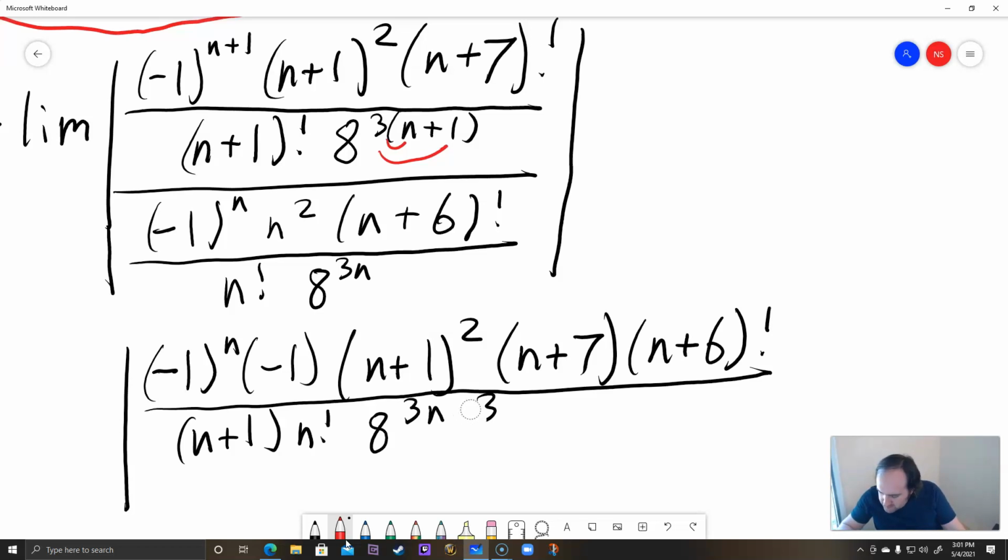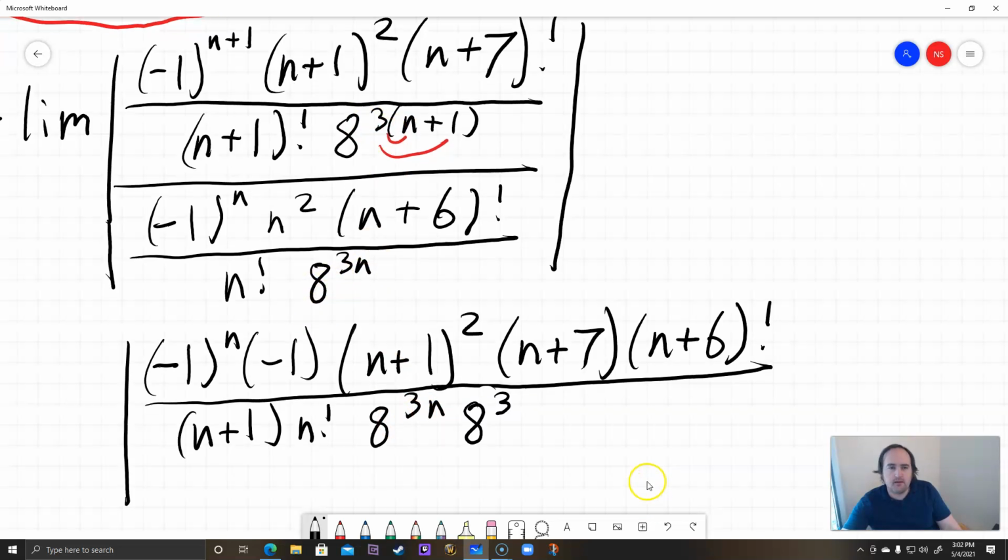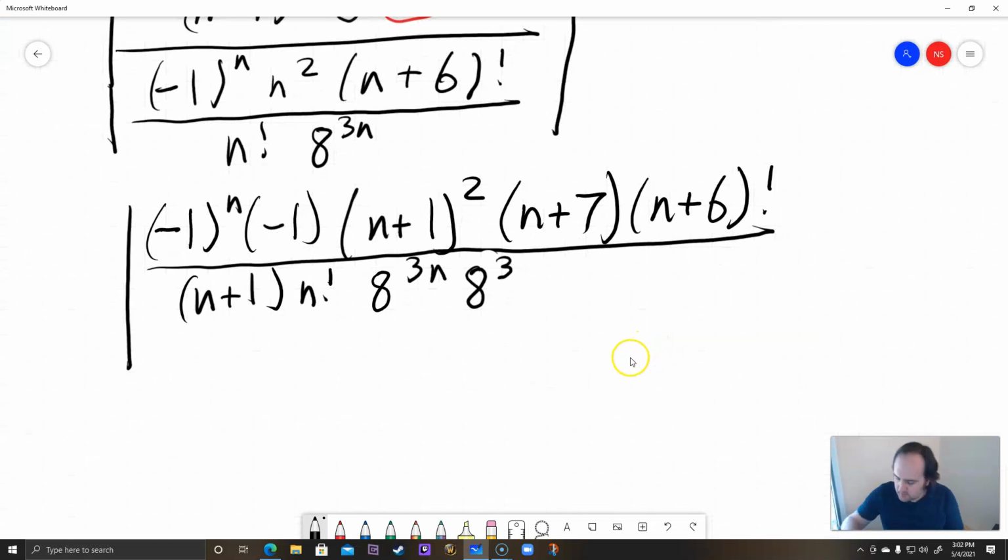So I'm going to rewrite this as 8 to the 3n times 8 to the third. Because remember, if you're multiplying exponentials with the same base, you add the exponents. So that actually gives you 8 to the 3n plus 3. But now I'm going to be able to cross out the 8 to the 3n on the top and the 8 to the 3n down there. And of course the rest of this limit is still the same.